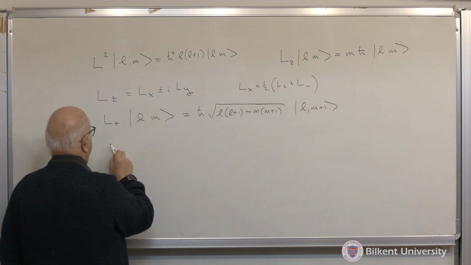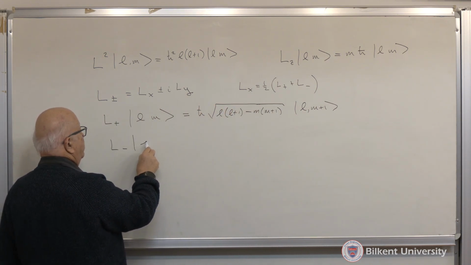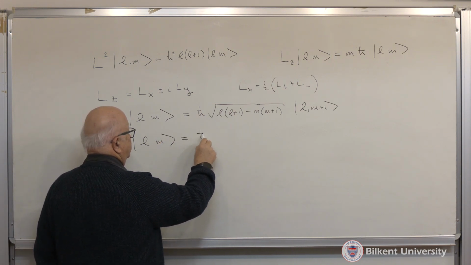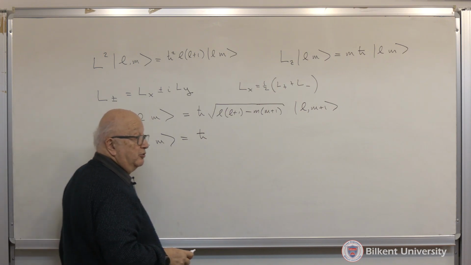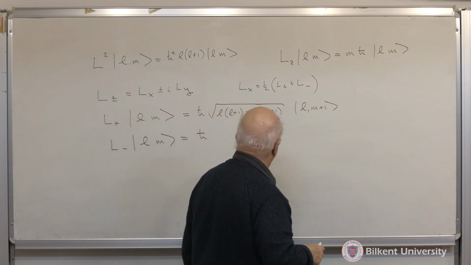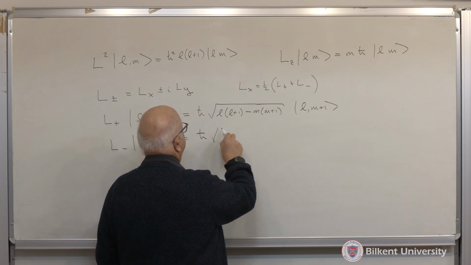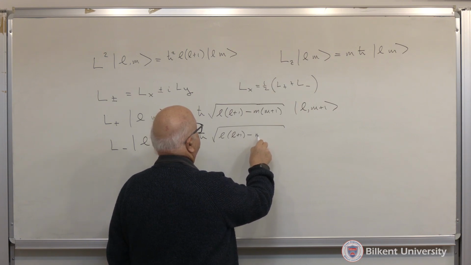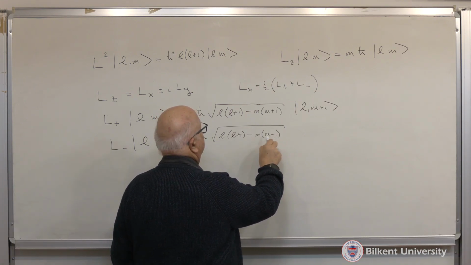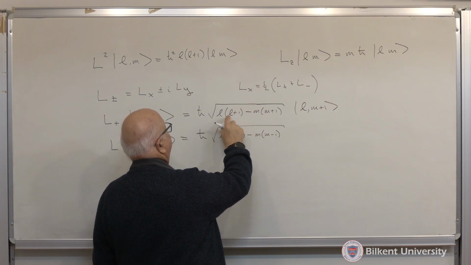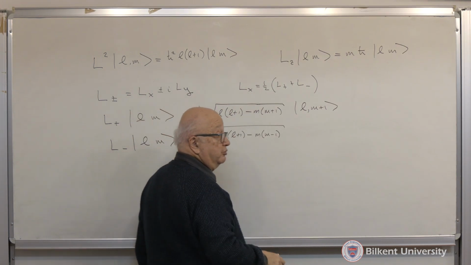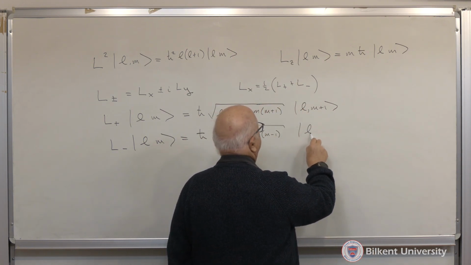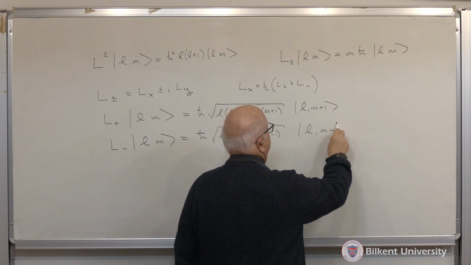And if I operate with L minus, which is now the lowering operator, on |l m>, it gives me again h bar, because it has angular momentum units, and something very similar, sqrt((l + m)(l - m + 1)) |l, m-1>. Again, just remember that if l equals m, I am supposed to get 0 for the raising operator, because that's the maximum z component I can get.